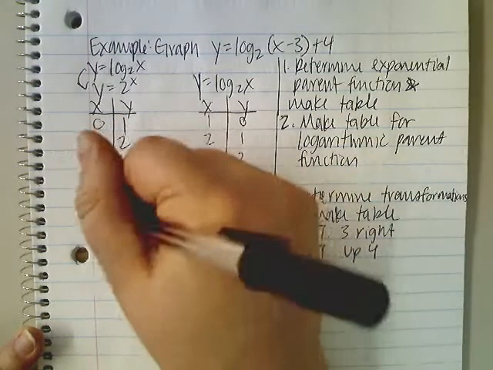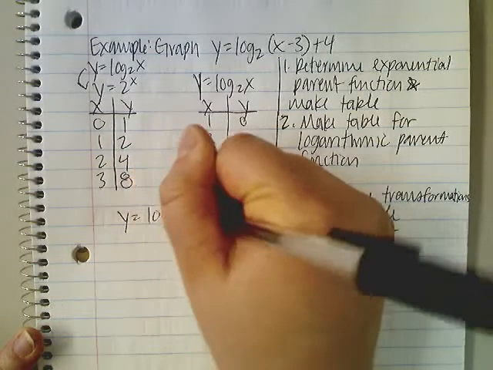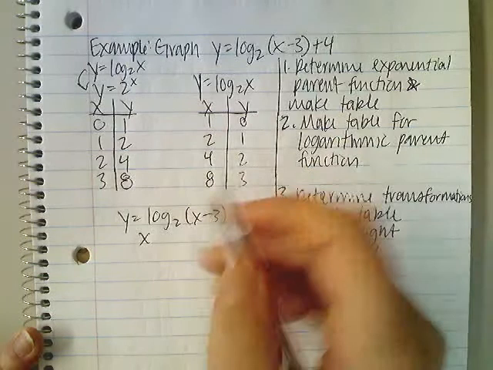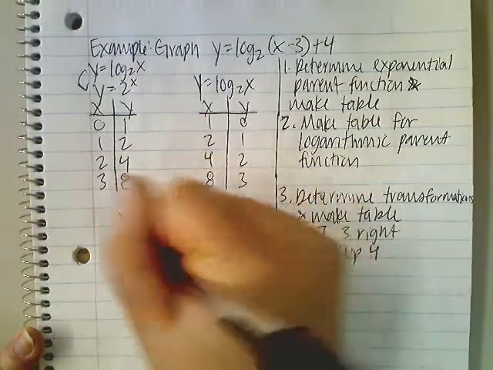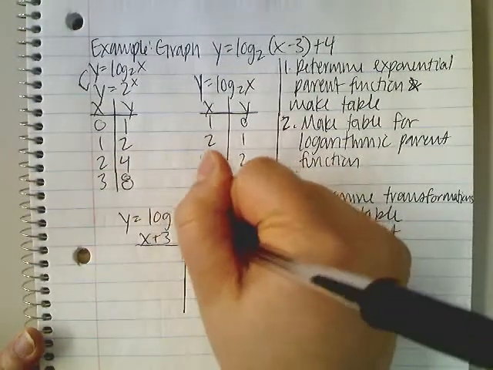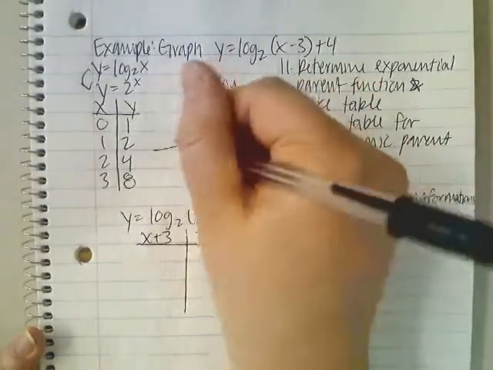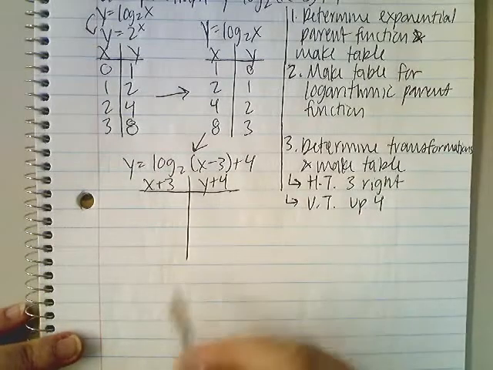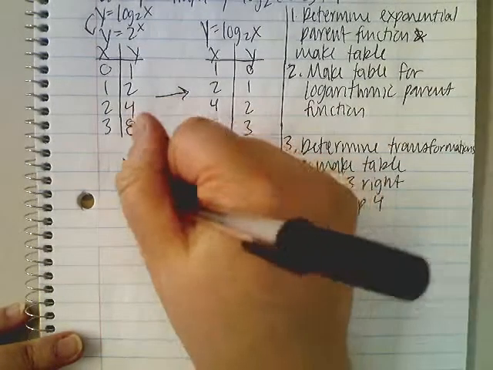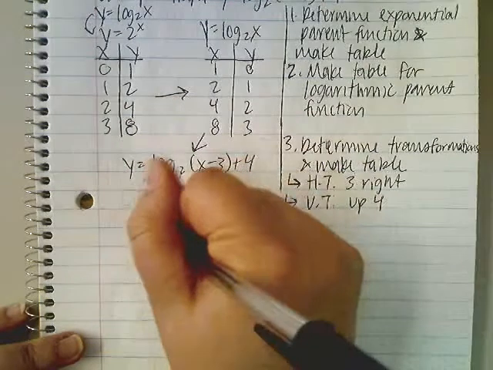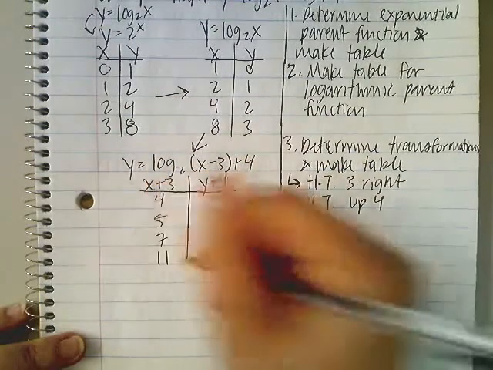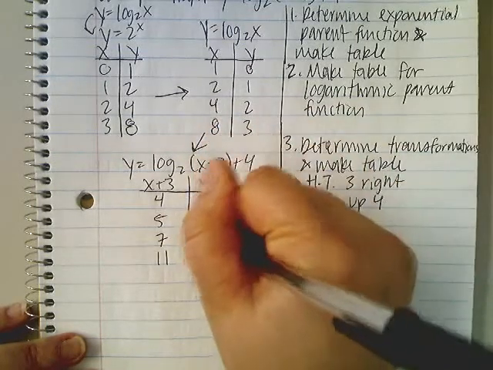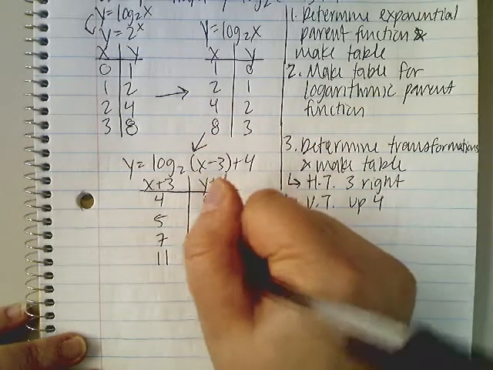So my new table for y equals log base 2 of x minus 3 plus 4 is going to be just adding 3 to the x and adding 4 to the y. So I'm taking this table to this table, now this table is going to this table. I'm just going to add 3 to all my x's and add 4 to all my y's. This becomes 4, 5, 7, and 11. And this becomes 4, 5, 6, and 7.